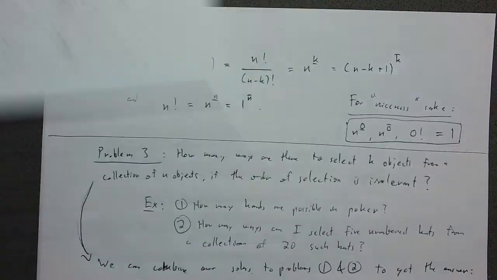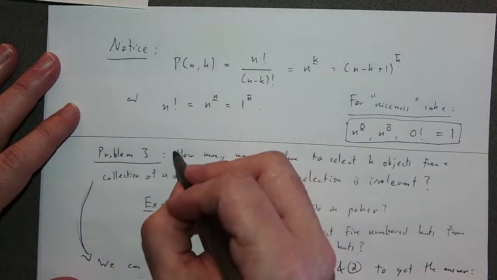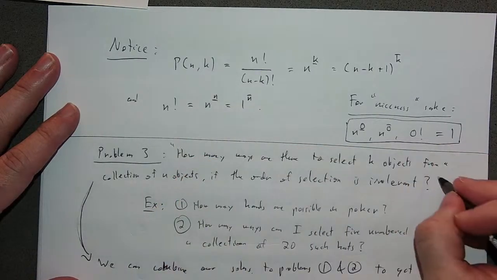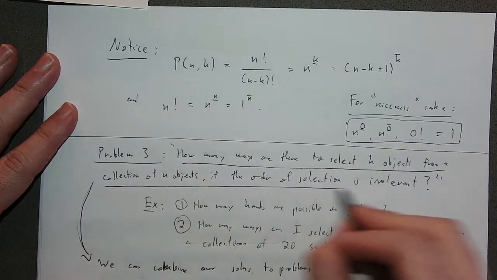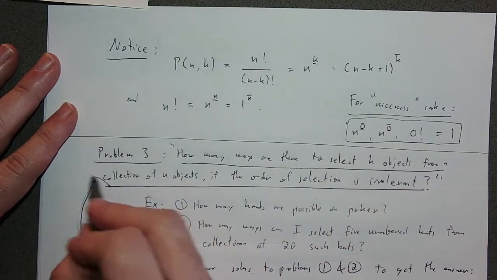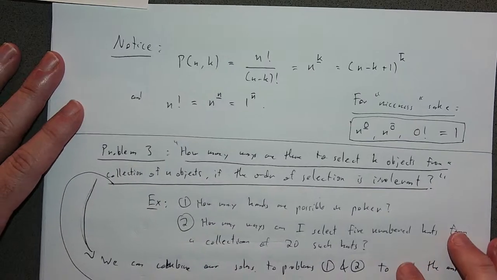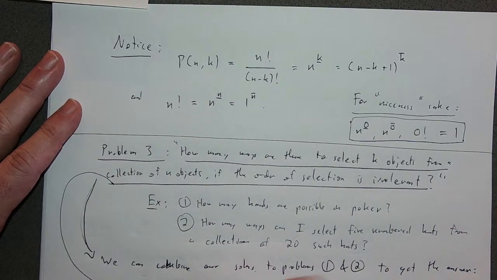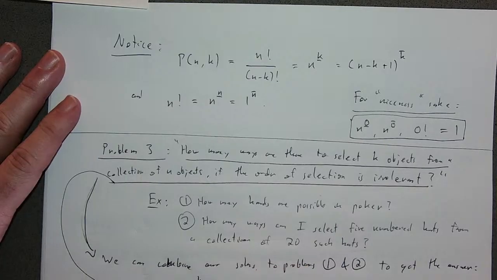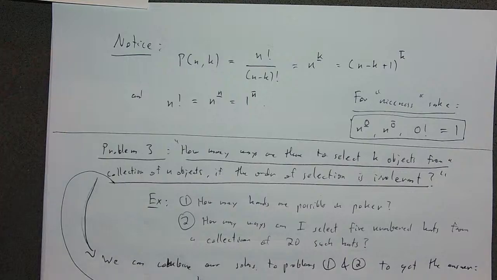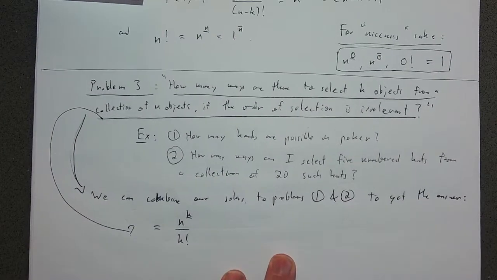And so how many ways to select k objects from a collection of n objects, whatever number that is, is equal to n to the k falling divided by k factorial. So we are dividing by the number of possible orderings here for that reason.